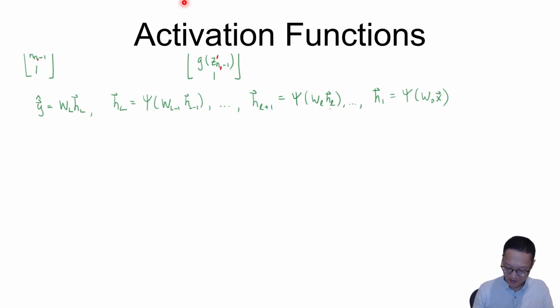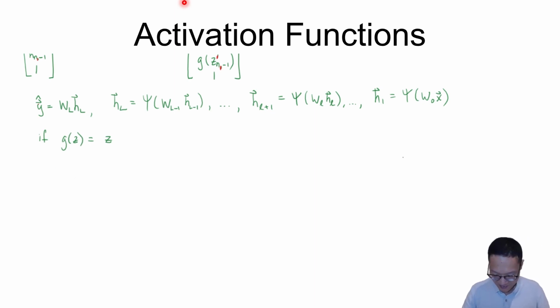Now if g of z equals z, so if we're using a linear activation function, that means all the psi's we can basically erase, because the mapping is identity. We simply pass whatever is inside psi right through to h. So we can work backwards.